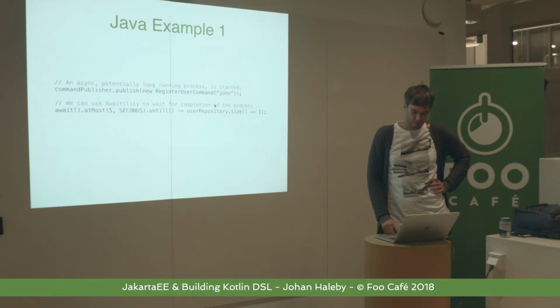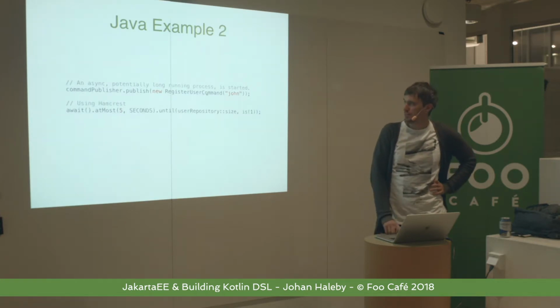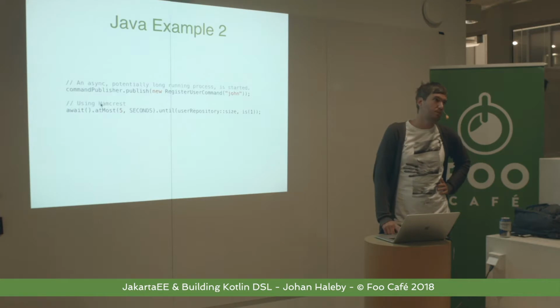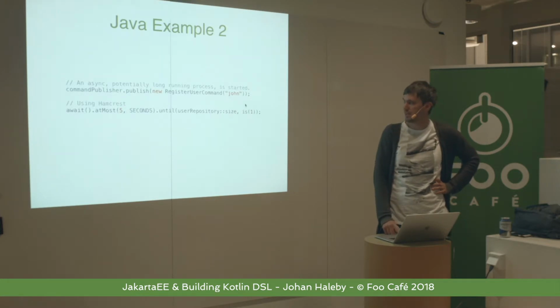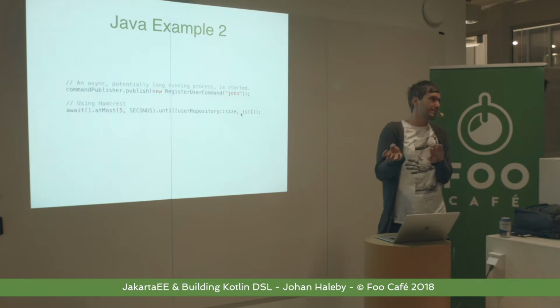And if you know Hamcrest, for example, which is this quite famous matching library in Java, you can make use of Hamcrest matchers if you like, because Hamcrest is quite nice when it comes to composability.